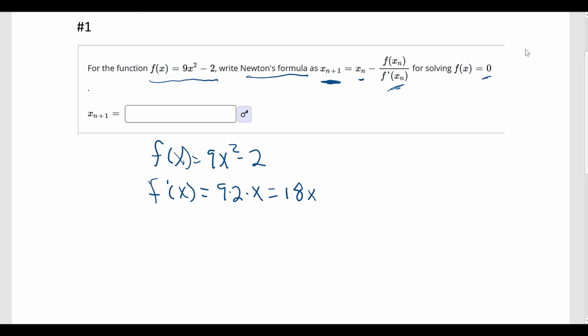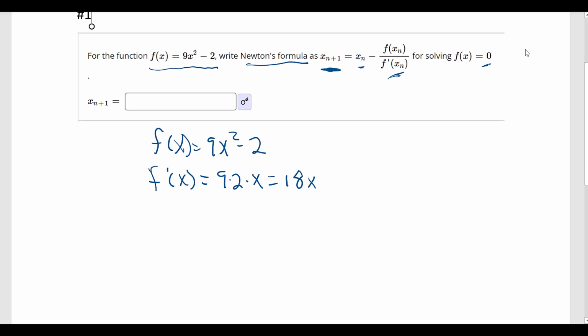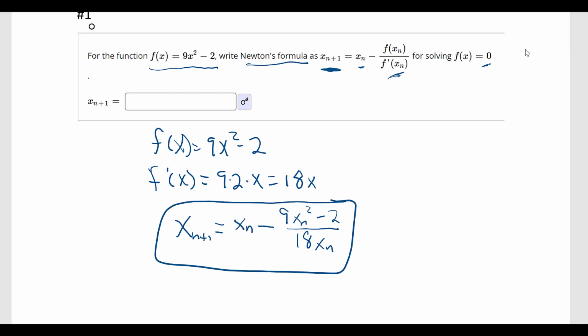So in our formula, x sub n plus 1 is going to be equal to x sub n minus, in place of x, I'm going to put x sub n, 9 times x sub n squared minus 2 over 18 times x sub n. And that's the formula you would write.